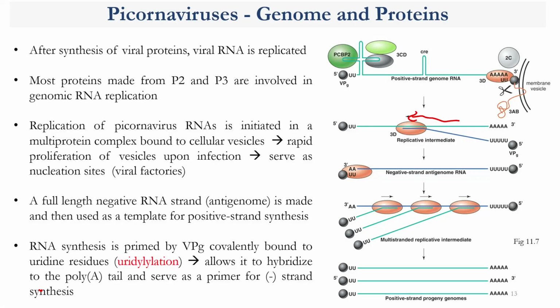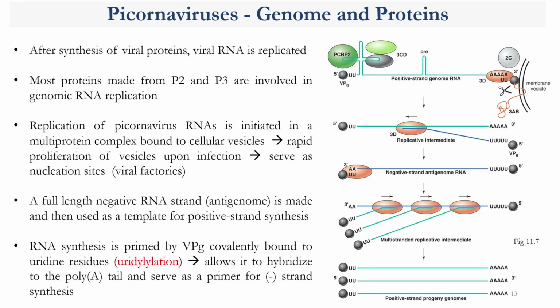Now this RNA synthesis is primed by the VPG that's covalently bound to uridine residues in your anti-genome, okay? So this allows it to hybridize to the poly A tail and serves as a primer for the negative strand synthesis, okay? So this VPG is attached to these U's.